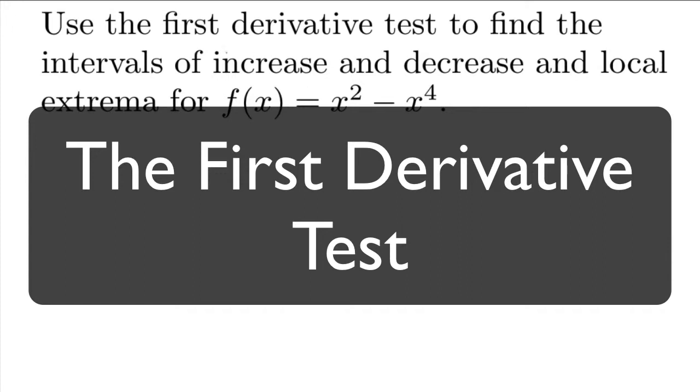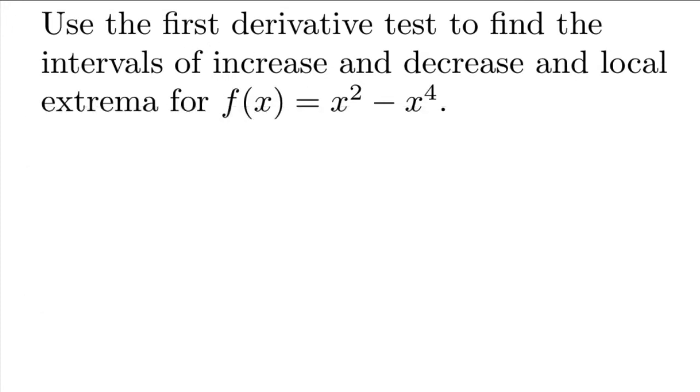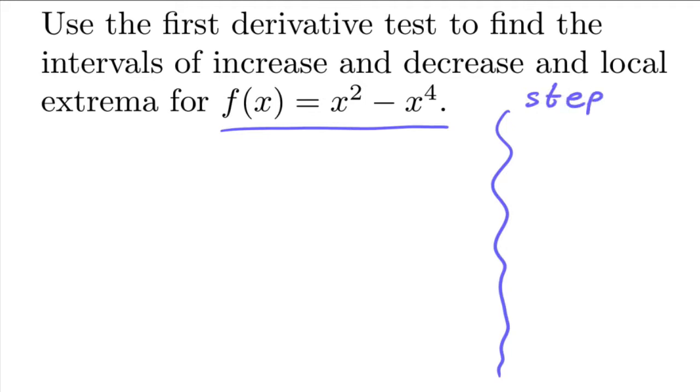Okay, so we want to use the first derivative test to find the intervals of increase and decrease and local extrema for this function. So let me over here, I'll write down the steps, just a summary of the steps to follow.